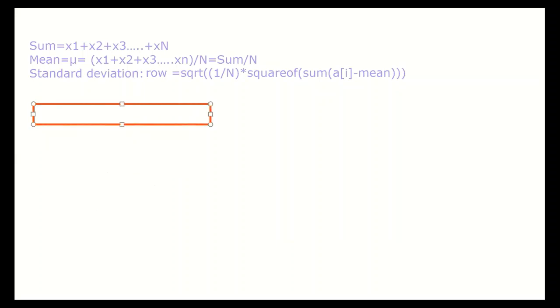I'll just write the array because we need it. Again, I'll take the same elements 1, 2, 3, 4, 5 only. And the array name: what have we declared in the program?